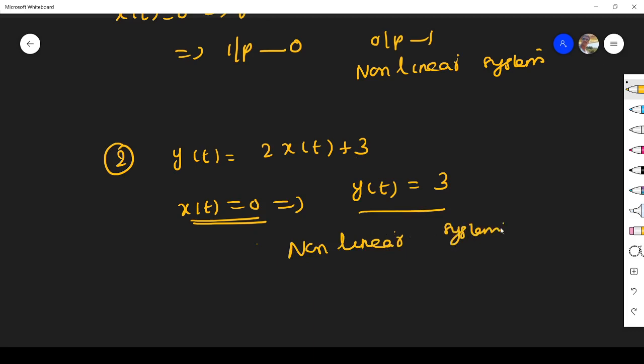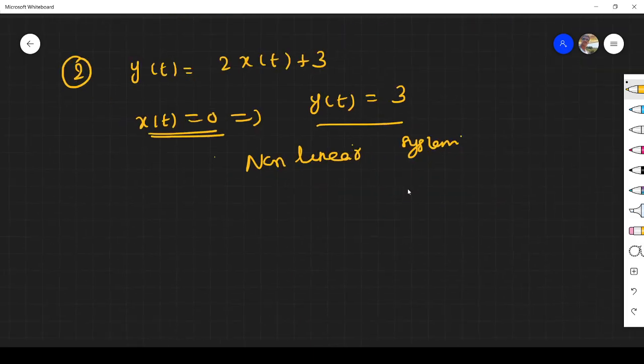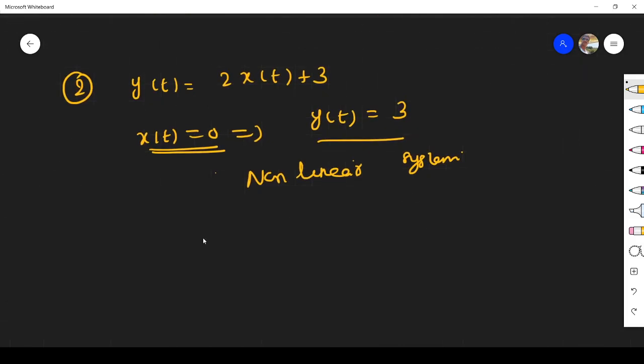In pictorial form, simply we can say that y is equal to 2x plus 3. You see, even though it is a linear equation, when x is 0, y is 3. It is not going via 0, 0. It would go via 0, 0 only when x is equal to minus 1.5 and y is 0, so it is going in this direction, not here.